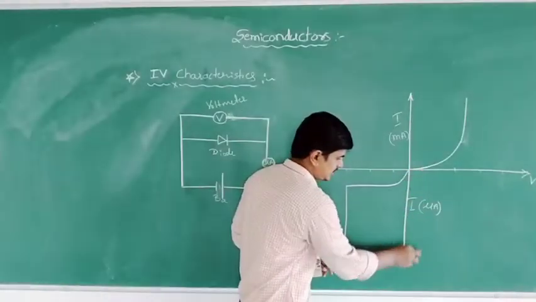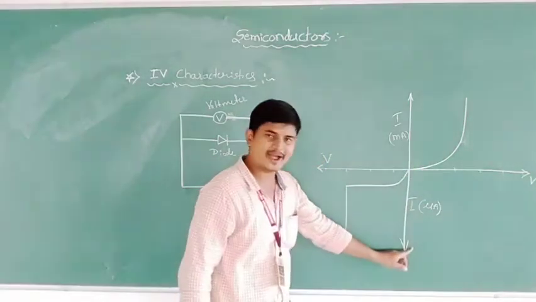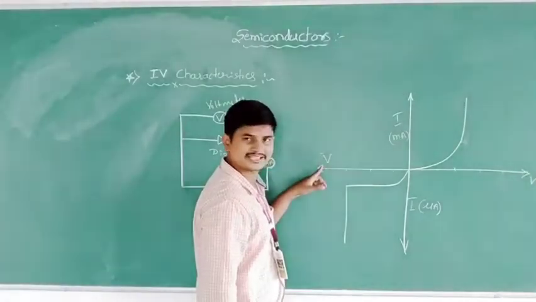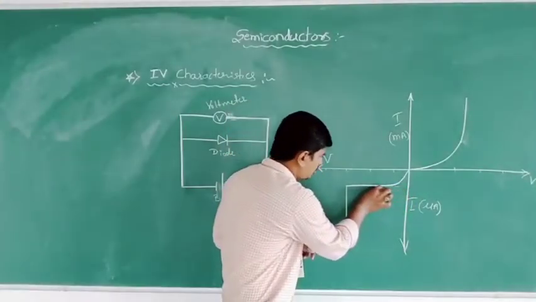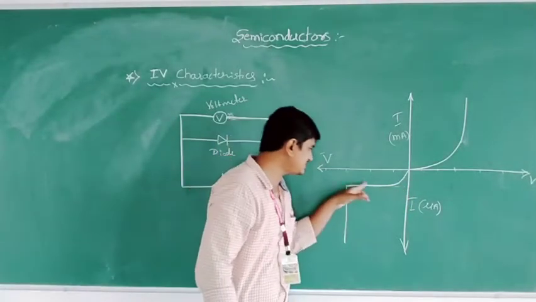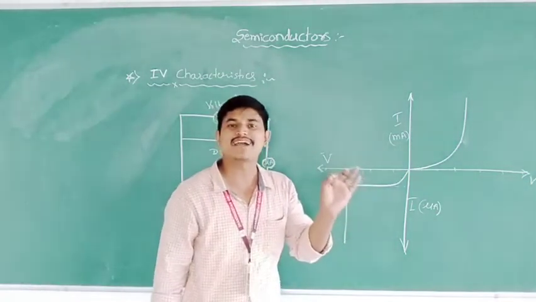See here, this is the current along the y-axis and voltage along the x-axis. The current is almost constant. That's why we can call this current the saturation current.